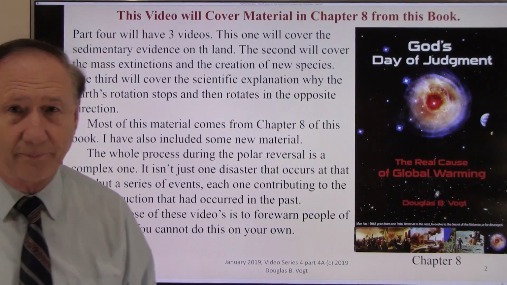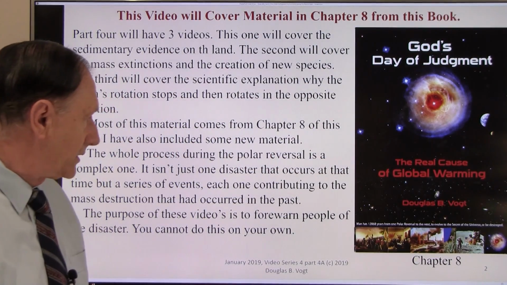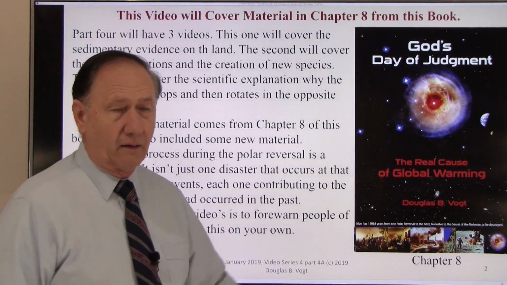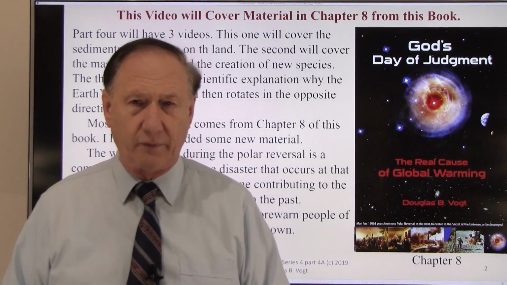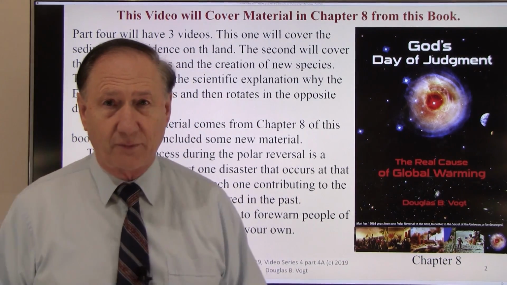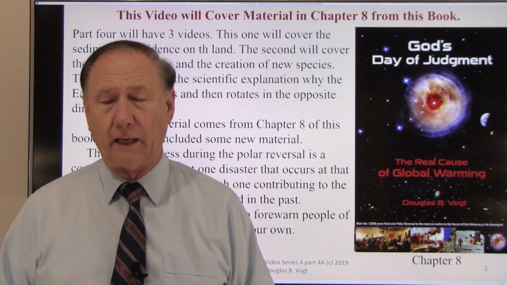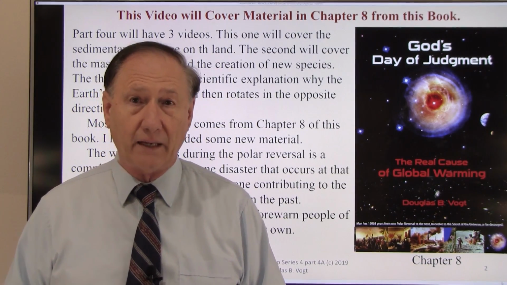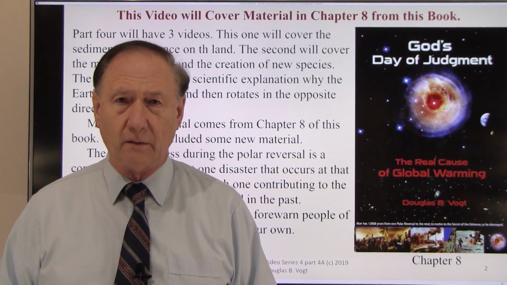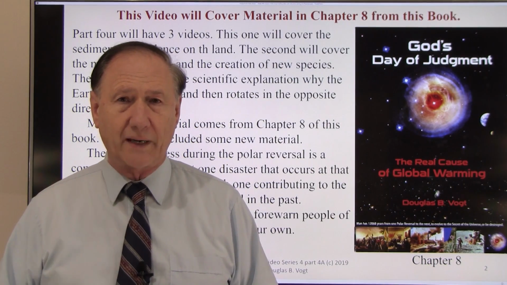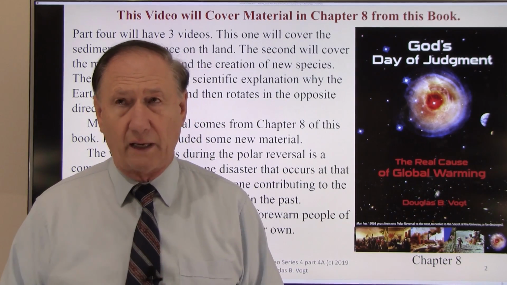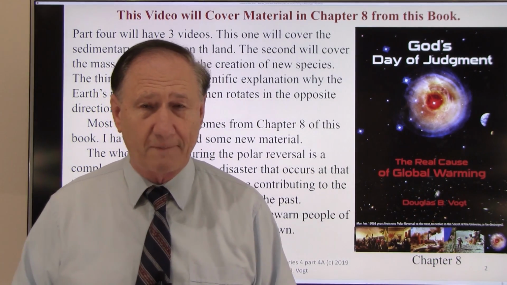Anyway, we'll continue. Most of the information for this comes from chapter 8. Now, there's only about 340 or 350 of these books left. And when it's done with, I'm going to redo and expand chapter 8 on the causes of the Ice Age and polar reversals and bring it up to date. This book was done like 11 years ago.